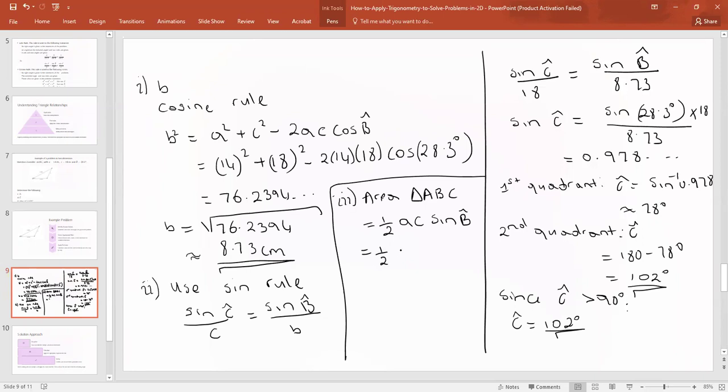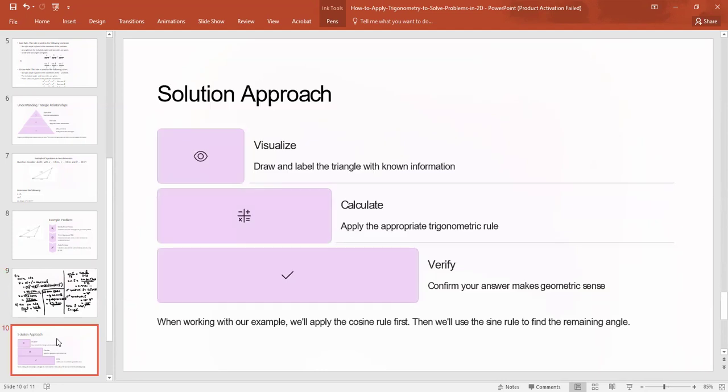So it's going to be a half times 14 times 18 times sine of 28.3 degrees, and your answer is approximately 59.7 centimeters. And that is how we use these rules to solve problems in two dimensions.